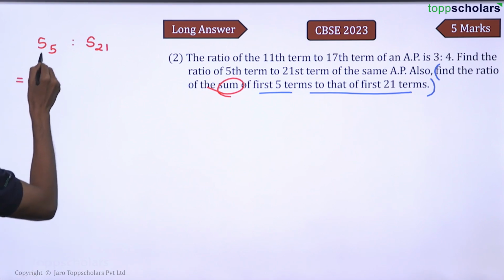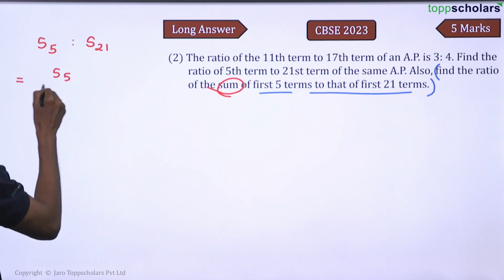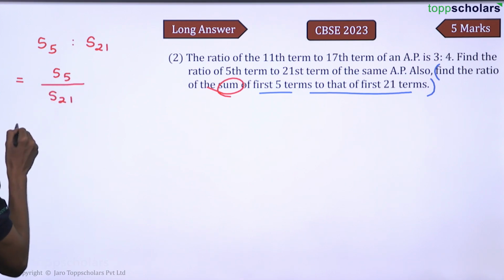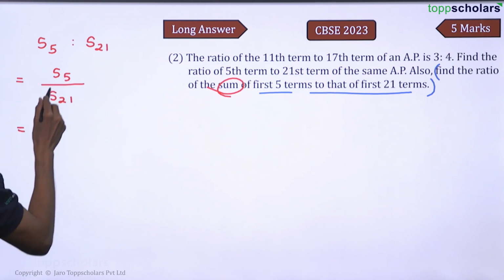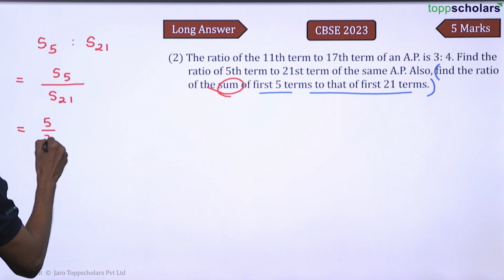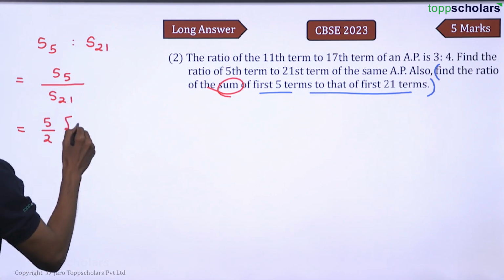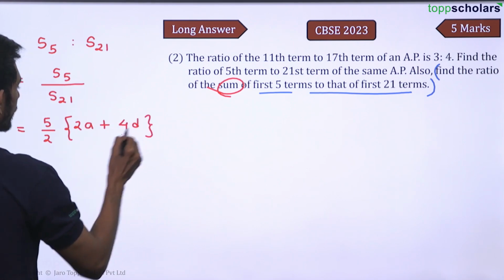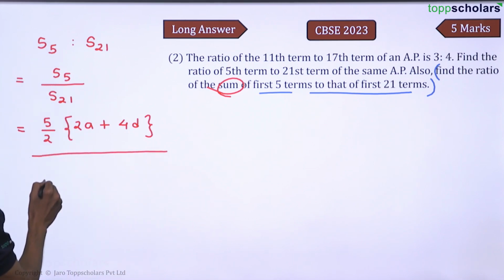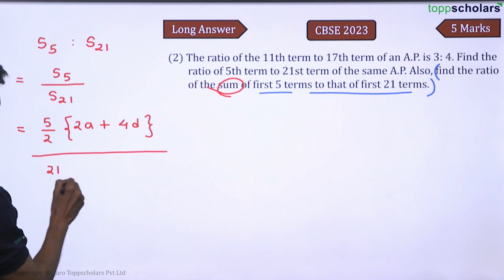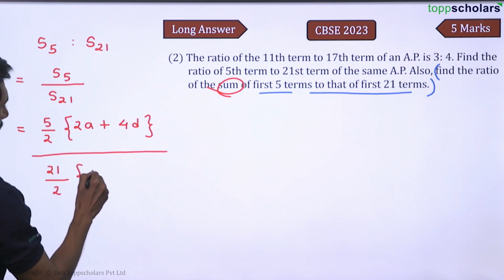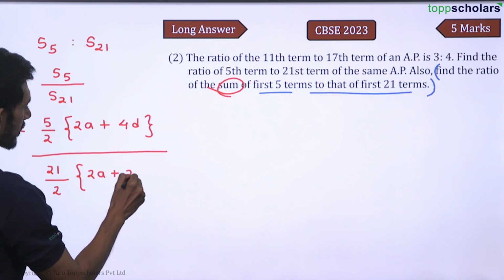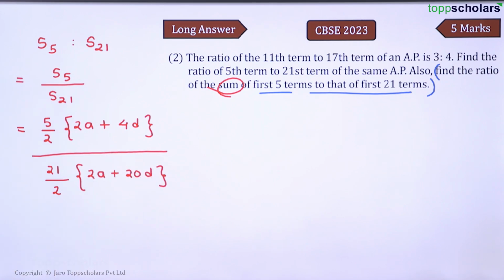Now, can I write this as S5 by S21? Can I write down S5 as 5 by 2, that is n by 2 into 2a plus n minus 1, that is 4d, by S21 can be written as 21 by 2, 2a plus 20d, right? 5 by 2, 2a plus 4d, 21 by 2, 2a plus 20d, 2 gets cancelled.